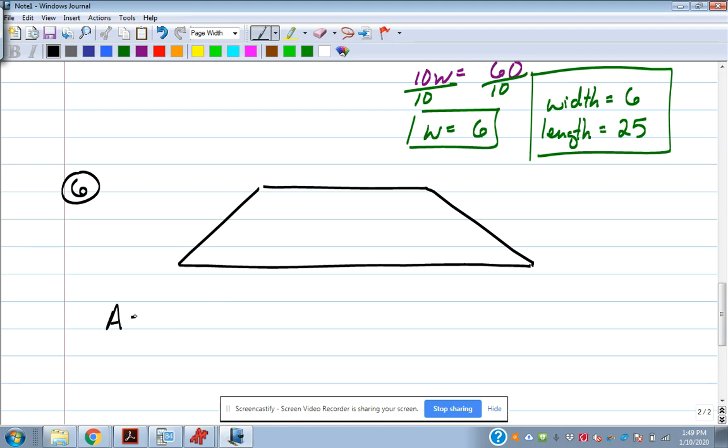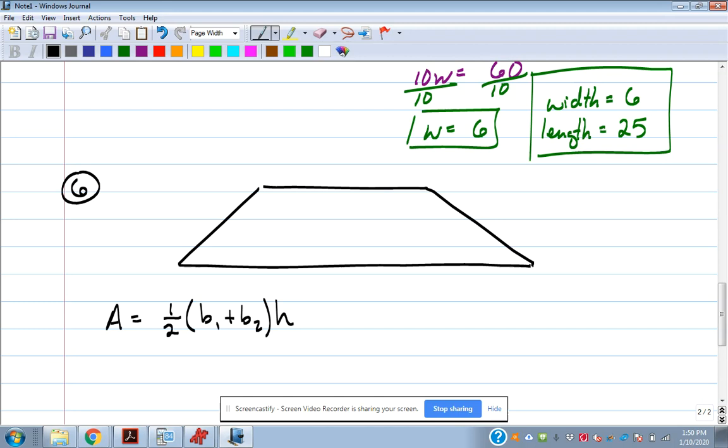The formula for area of a trapezoid is 1/2 base 1 plus base 2 times the height. We don't use that one quite nearly as often as we do rectangles and squares and triangles. But that is the formula for area of a trapezoid.